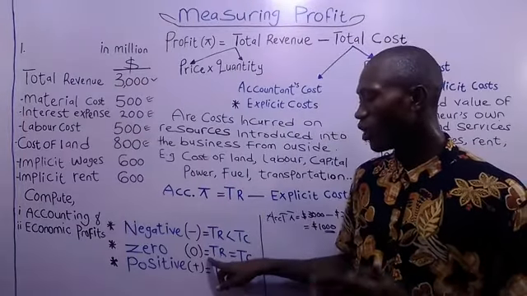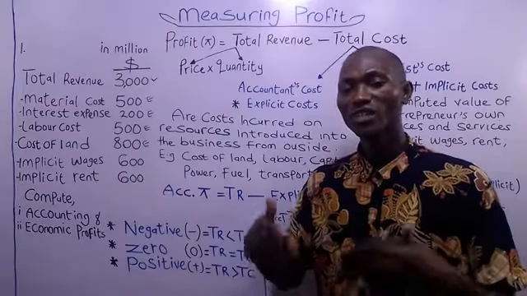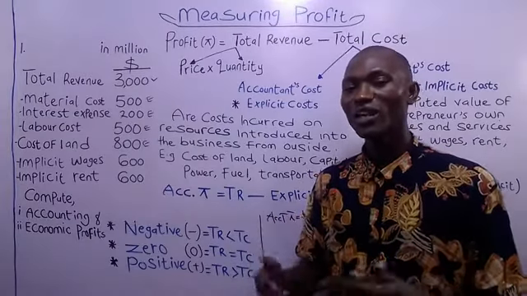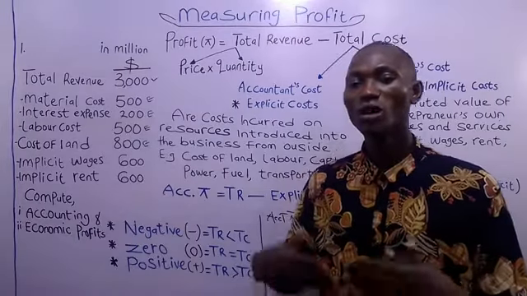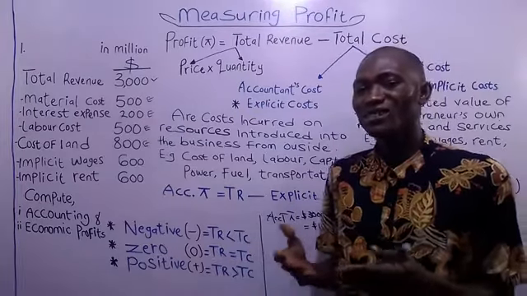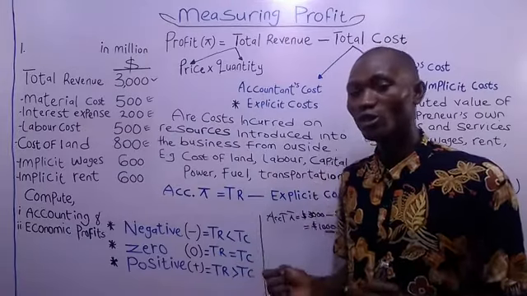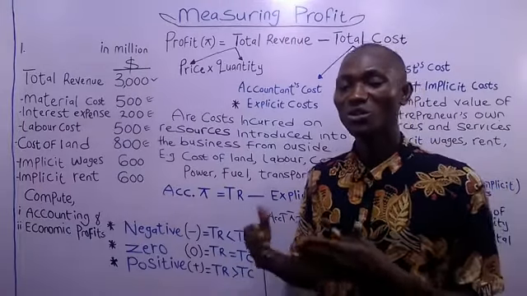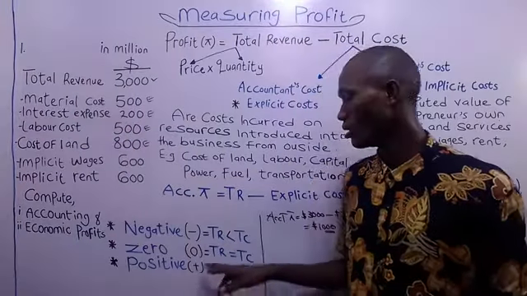So when economic profit is zero, the accounting profit we usually have is called normal profit. And here, the business is barely doing well, although there is no incentive for the owner to move its resources to another marketplace or sector.